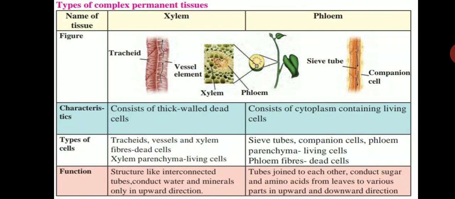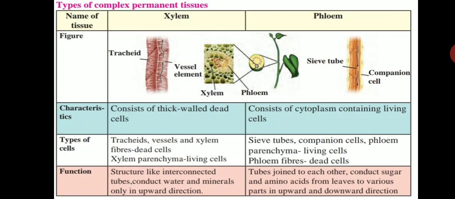But in case of phloem tissues, sieve tubes, companion cells and phloem parenchyma are living cells and only one type is a dead cell, that is phloem fibers. So this is the main difference. Xylem consists of only one living cell type, but phloem consists of 3 living cell types and only one dead cell type.